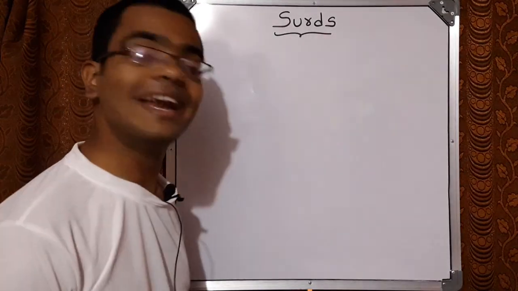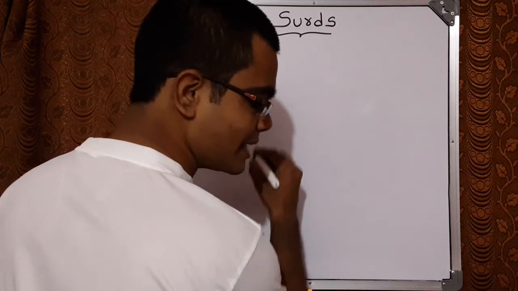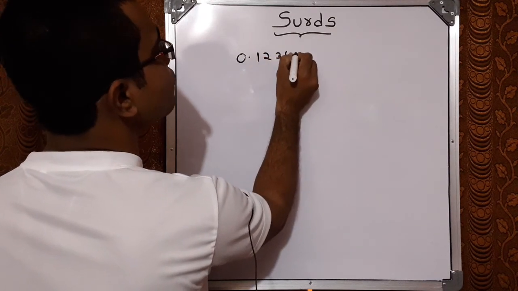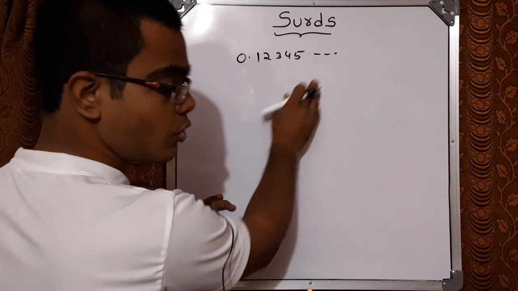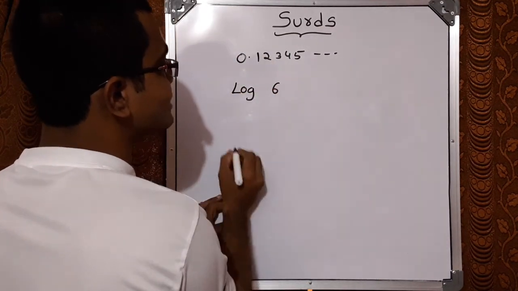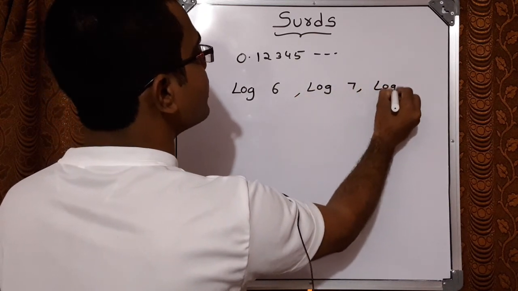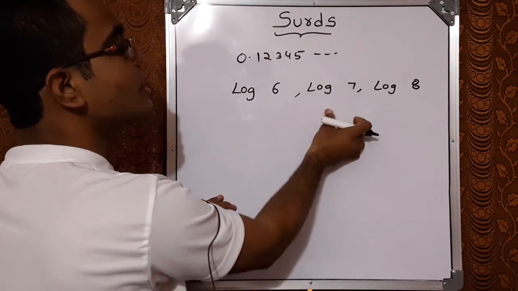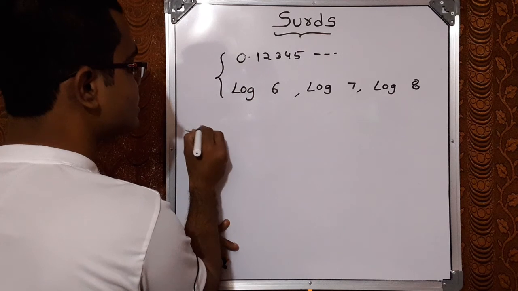Okay students, so let's see the examples for irrational numbers. I am writing some examples over here. 0.1, 2, 3, 4, 5, something which is non-repeating. After even some time it's not going to repeat. And one more example is going to be log 6, log 7, log 8. All these things are examples for irrational numbers. Now I want to say one very nice statement.